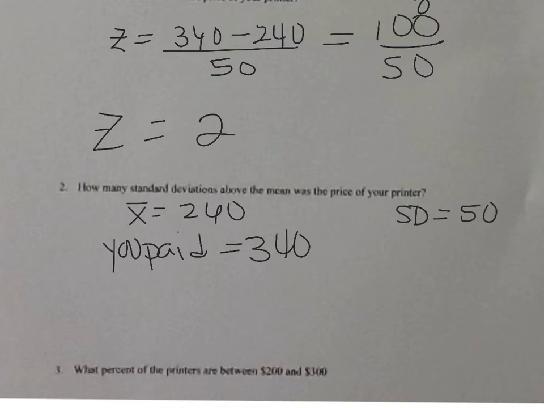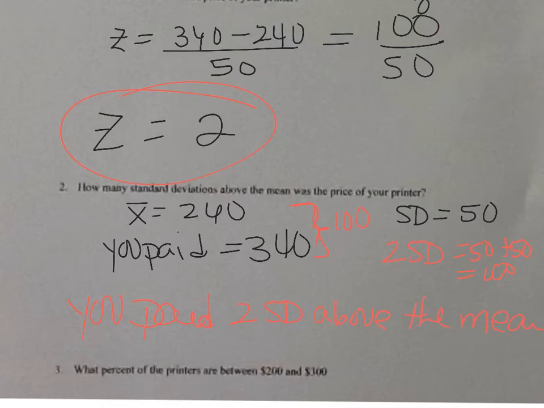So from 240 to 340 is $100. So you have 2 standard deviations, right? 50 plus 50 is 100. So you are 2 standard deviations above the mean. That is your z-score, 2 standard deviations. So you paid 2 standard deviations above the mean.